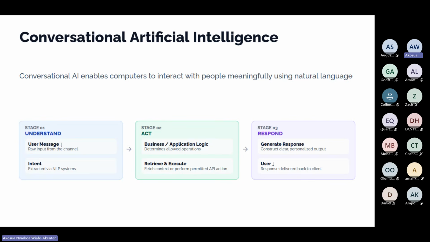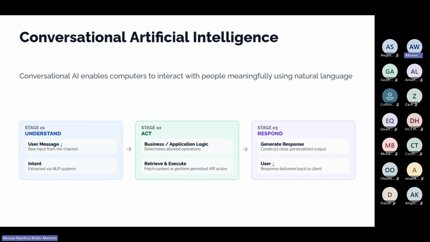Okay, now that we understand some of these NLP tasks, another area that is closely related to NLP is conversational artificial intelligence, or conversational AI. And conversational AI enables computers to interact with people in a meaningful way using natural language.